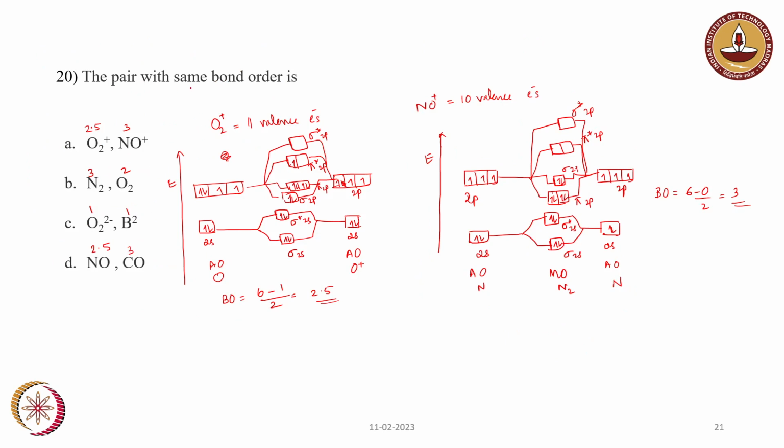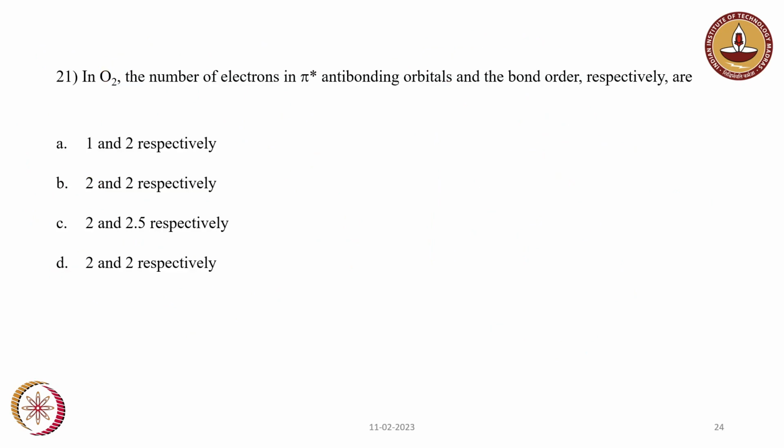So the question was the pair with same bond order is. So option C, it's O2 2 minus and B2 are having same bond order. So answer is option C. The next question is in O2, the number of electrons in pi star antibonding orbitals and the bond order respectively are.